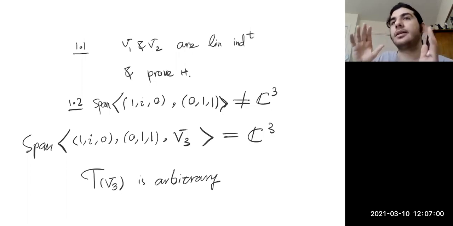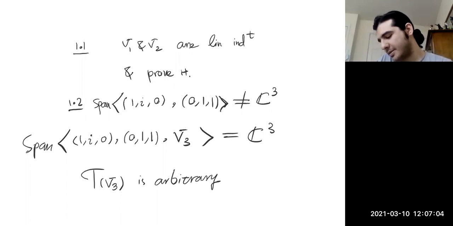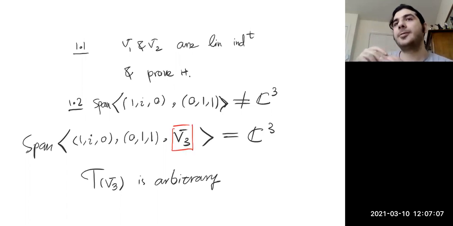So the non-uniqueness does not come from the choice of V3. It comes from the fact that for any V3 I choose, the value of the map on that vector can be anything, and then I can extend it linearly to all of C3.